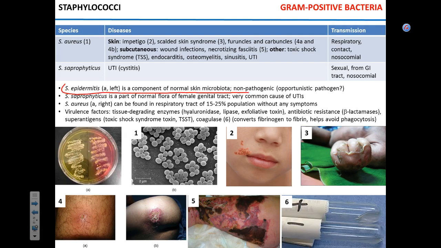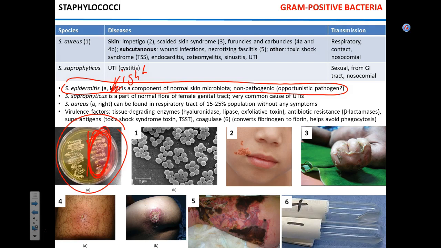Staphylococcus epidermidis. So this red growth, Staphylococcus epidermidis. And you have it right there, right? Staphylococcus epidermidis is non-pathogenic. It doesn't cause disease. But, there's always but.